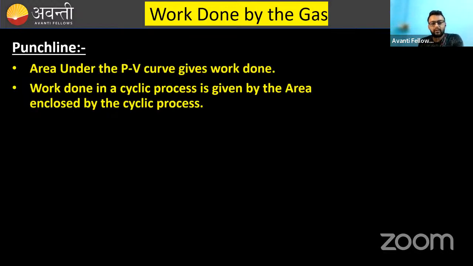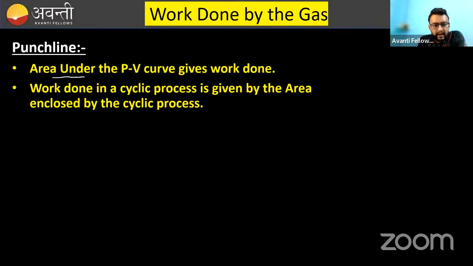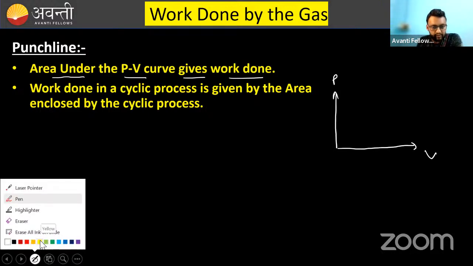Now, the most general thing: punchlines. Punchlines are always good to remember. The first punchline is: the area under the PV curve gives the work done. Now listen to me. Let's suppose this is a PV curve, the indicator diagram. Remember everything; this is the most common question.